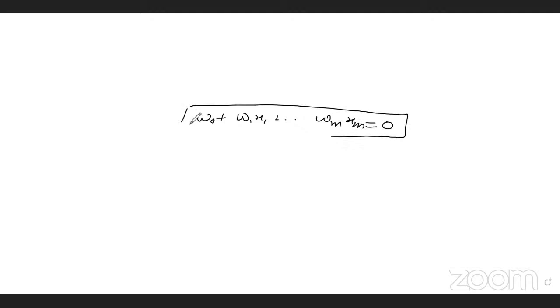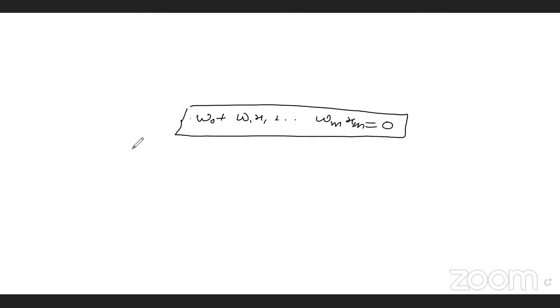Can you see the whiteboard? Yes, sir. So our hyperplane is going to be W0 plus W1 x1 plus up to Wm xm equal to 0. This is your hyperplane in n-dimensional space.